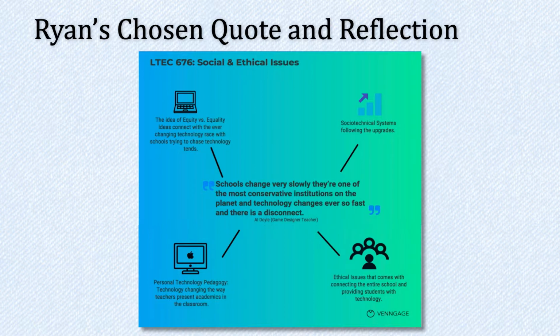And it expands on how there's a disconnect because technology is moving so quickly. And like Al said, education is so conservative. It takes so long for us to get something that by the time we get it, it's outdated. And I think that's the problem that we run into when we talk about technology and education.